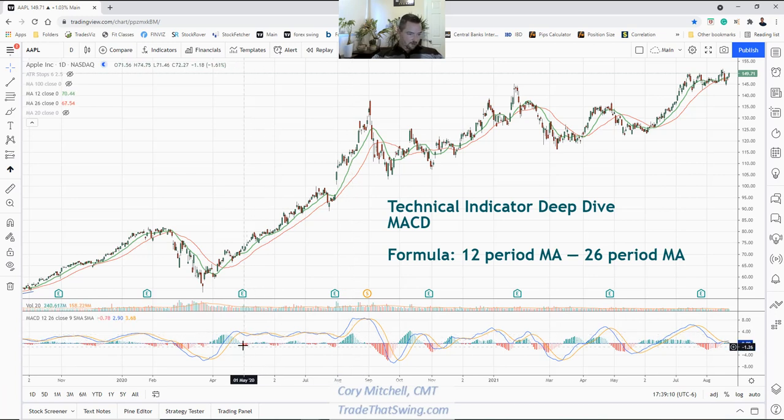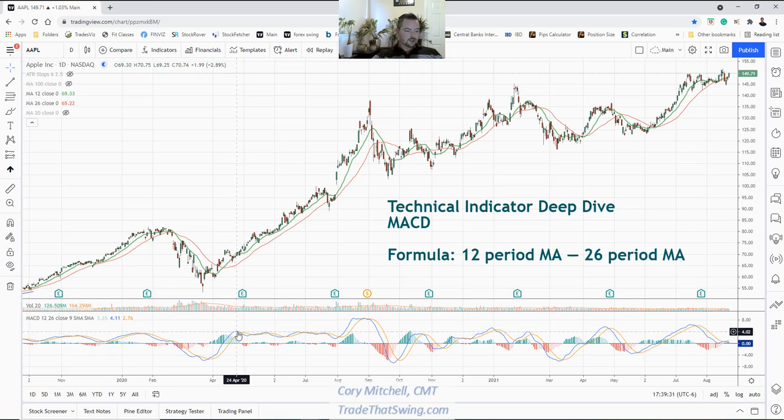When they're very close together, you have tiny histogram values, because if you took the difference between the signal line and the MACD here, it's only a very small amount. When you take it over here, there's a bigger gap between the MACD and the signal line, so you have a higher value.